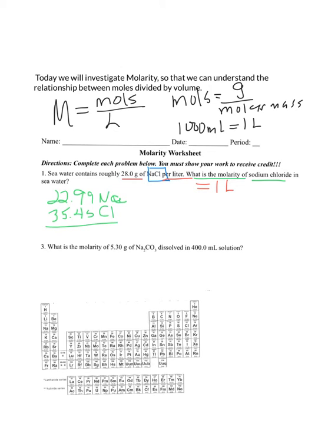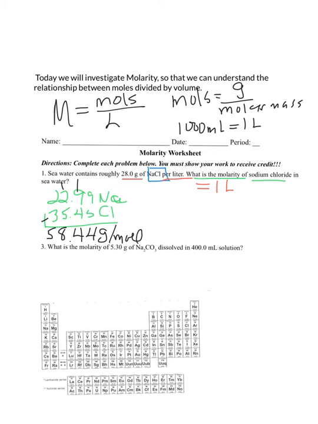We need to add this together. I'm not going to pull out the calculator. Hopefully I can do this in my head. 9 plus 5 would equal 14. Carry over the 1. 5 plus 2, 7 plus 1, 8. And then 3 plus 2 is 5. So 58.44 grams per mole is the molar mass of sodium chloride.